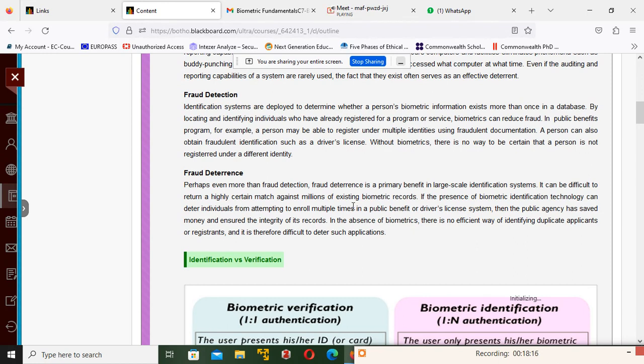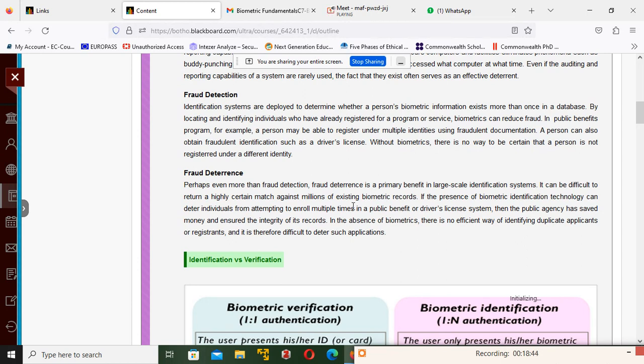If it is by fingerprint, it is that single fingerprint which is going to be used to access those two accounts. In a biometric system, you will be able to identify that this person has multiple personalities. So in terms of fraud detection, biometric helps us to resolve multiple identities.